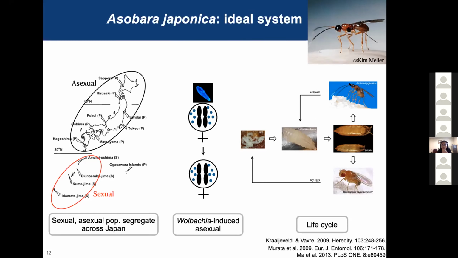This species also has segregation between its asexual and sexual populations. Asexuals mainly distribute in the major islands of Japan, and in the southern small islands there are several sexual populations. Furthermore, in this species the asexual parthenogenesis is induced by a bacterium called Wolbachia.